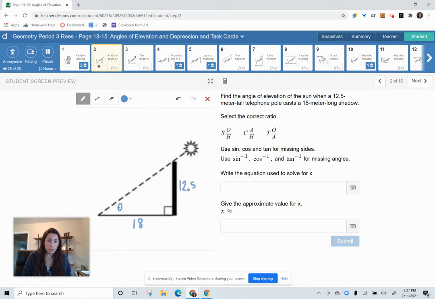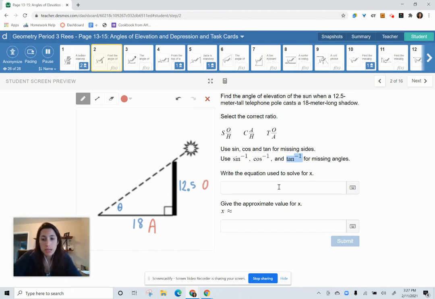So then we say, okay, from this angle we're solving for, we have this side here across, it is an opposite leg. This side here, which is next to it, that is an adjacent leg. So then I would say O and A, that's a tangent ratio. That's a TOA. And because this is an angle that I'm solving for, I use an inverse tangent ratio.